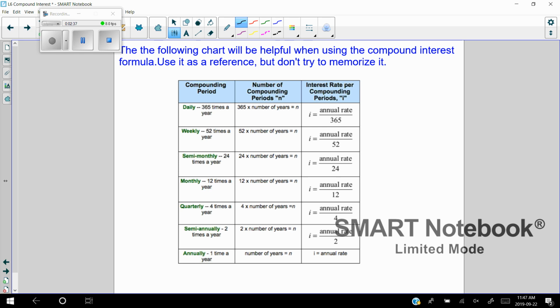Now, the ones that are more common will be these ones down here: the monthly, quarterly, and semi-annually. So make sure you recognize those terms. If it's monthly, that means it's once a month, so your compounding factor is 12. If it is quarterly, that means 4 times a year. Semi-annually means twice a year, and then annually means once a year.